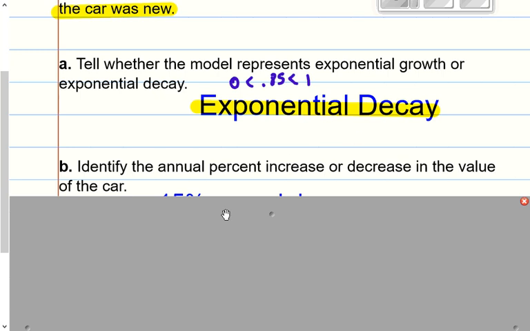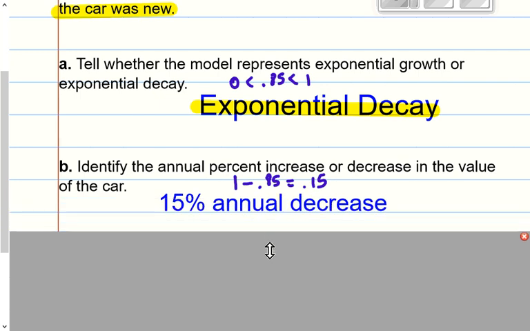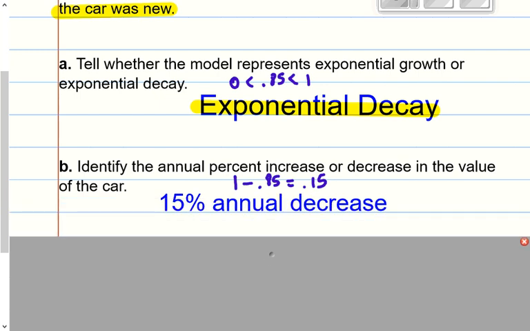If I have exponential decay, it's going to be decrease. But it's not going to be an 85% decrease. So I'm going to take 1 and subtract that 0.85 and I'm going to get 0.15. That's going to tell me what my percent decrease is, and it is a 15% annual decrease.